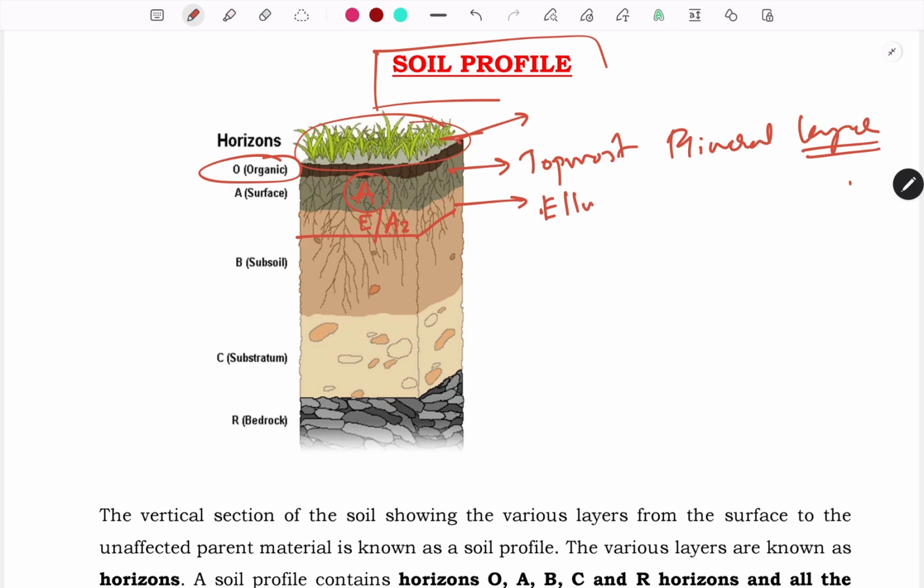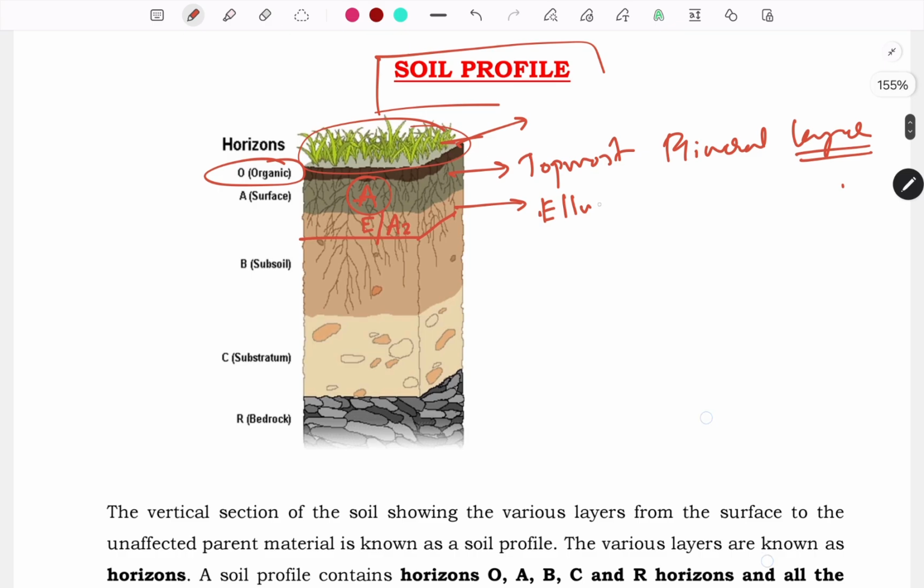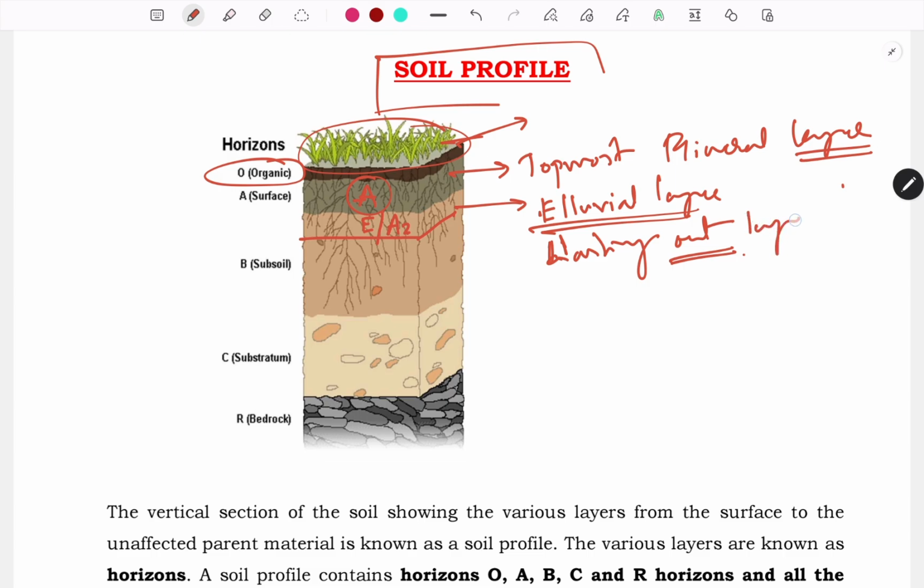From this layer there is leaching of sesquioxides, and this layer is also called the eluvial layer or washing out layer. Washing out is nothing but leaching of aluminium, iron or clay.